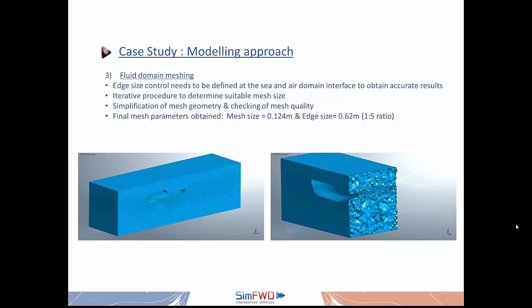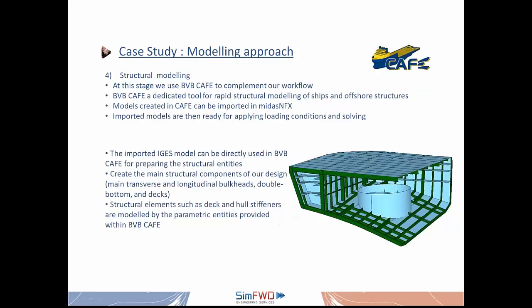So now, putting this on hold, we have finalized the setup for our fluid problem, and now we go back to see how we start with the modeling approach of the ship structure.